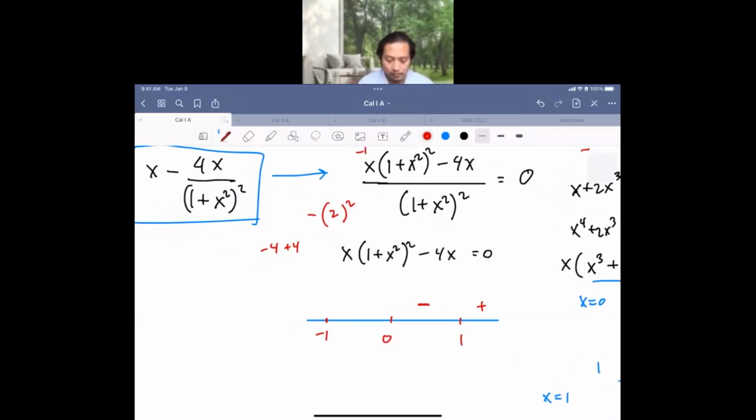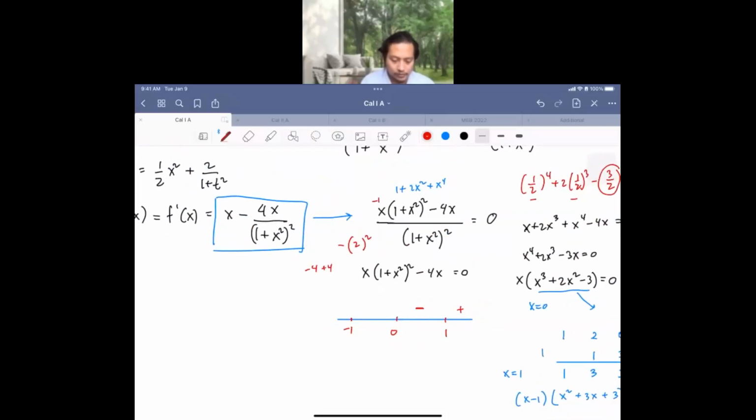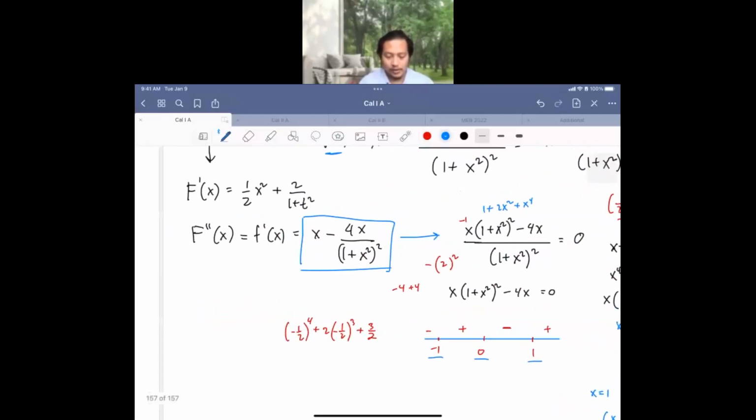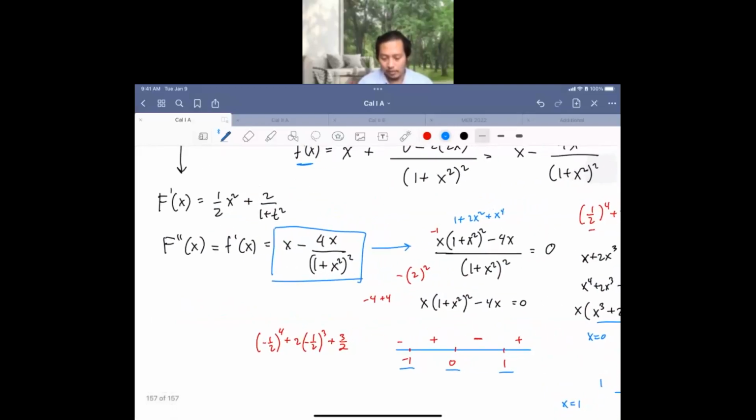If we check negative half, this will be plus 3 over 2. So it's supposed to be positive, and this is negative. So at these 3 points here, it's changing the signs.